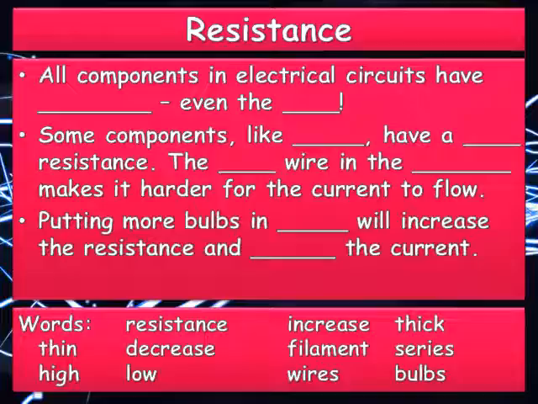Okay, so welcome back. Let's go through this now. All components in electrical circuits have resistance. Even the wires. Some components, like the bulbs, which we're all familiar with, have a high resistance.